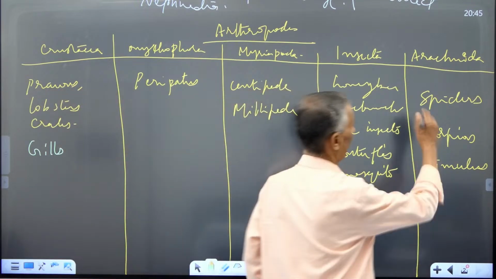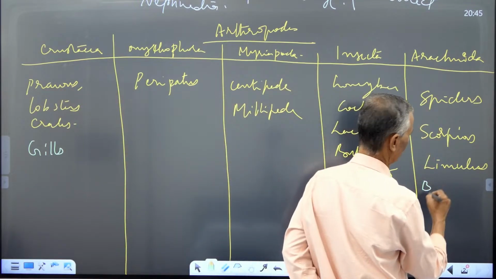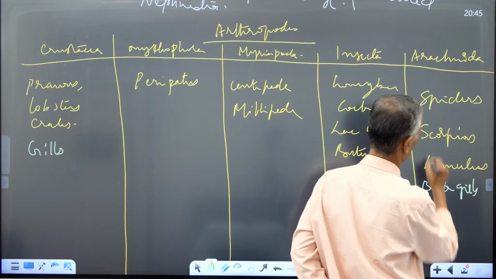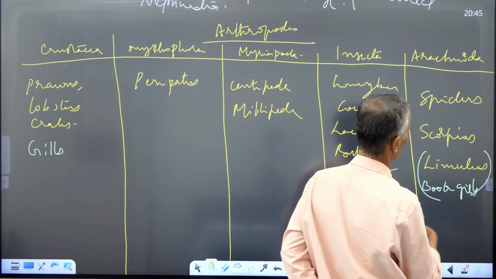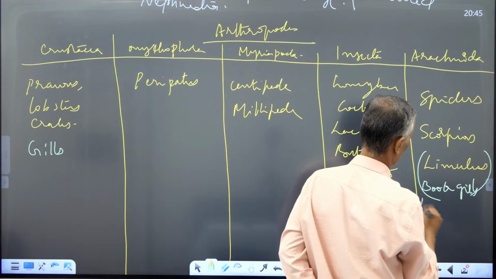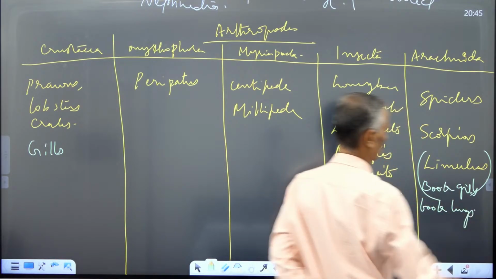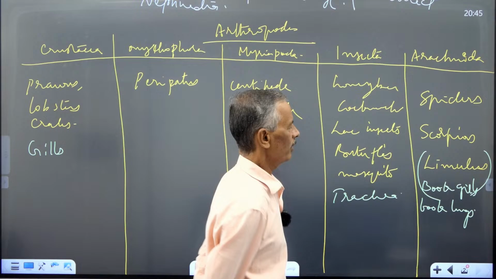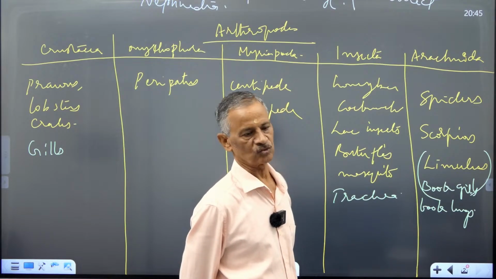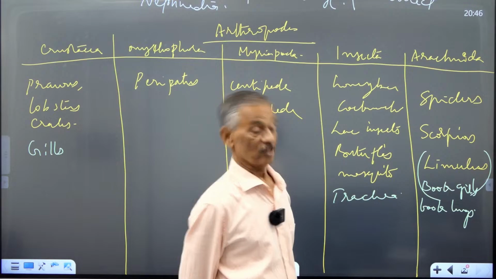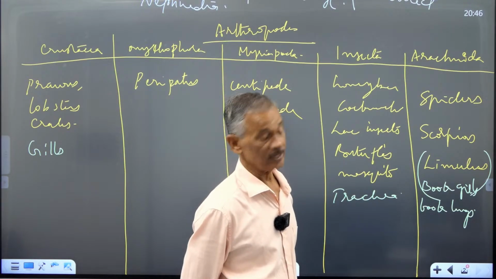Then arachnida ആണെങ്കിൽ aquatic ആയിട്ടുള്ള animals ആണെങ്കിൽ book gills. ലിമുലസിലാണ് book gills ഉള്ളത്. Others are having book lungs. Book പോലെ അടുക്കി വെച്ചിട്ടുള്ള ഷീറ്റ് ഉള്ളത് കൊണ്ട് they are called book lungs or book gills. കേട്ടോ, റെസ്പിറേറ്ററി സ്ട്രക്ചർ പോലും ഇത്രയധികം ഡിഫറെന്റ് ആണ്.